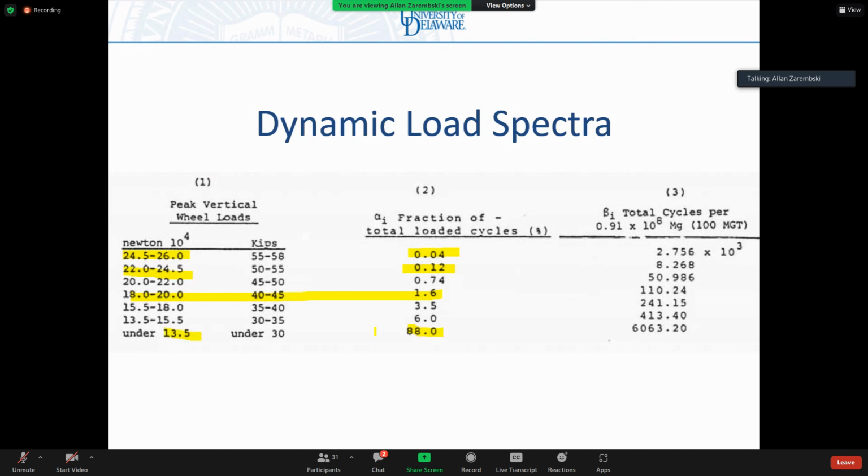So we get an idea of what our distribution is.